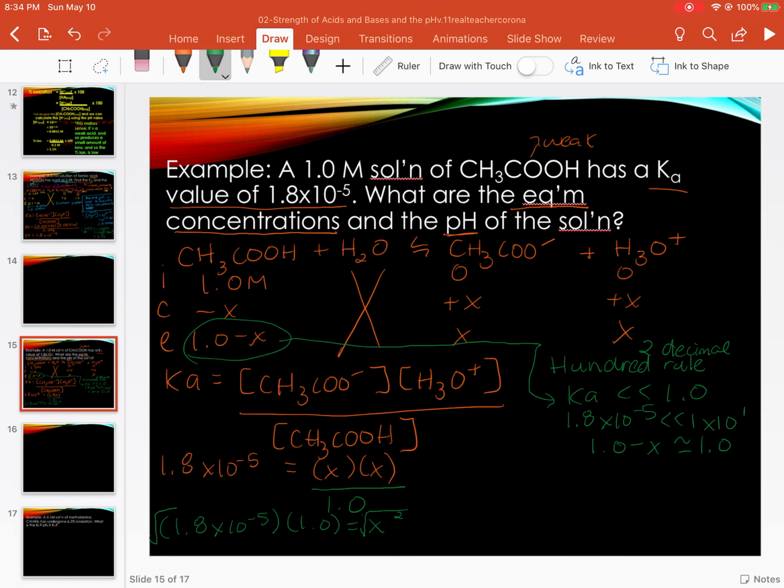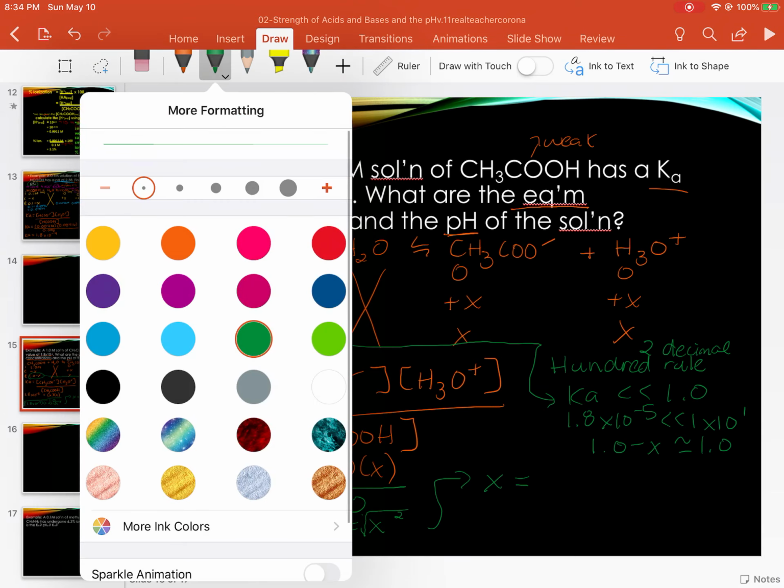And then to get rid of the squared, I'm just going to square root. And we actually don't need the negative answer to the root, because we want to have a positive x value.